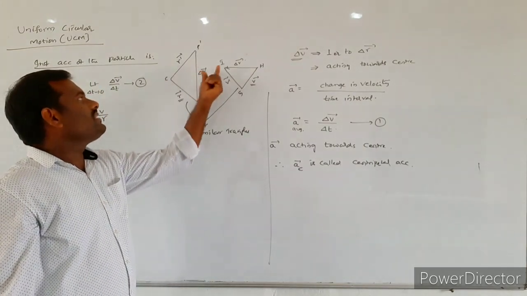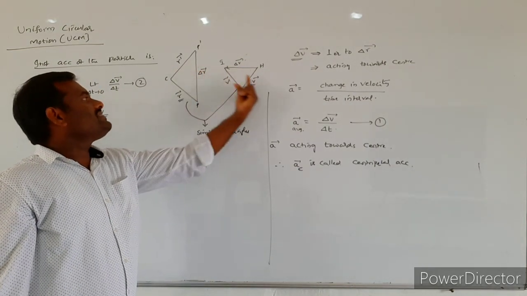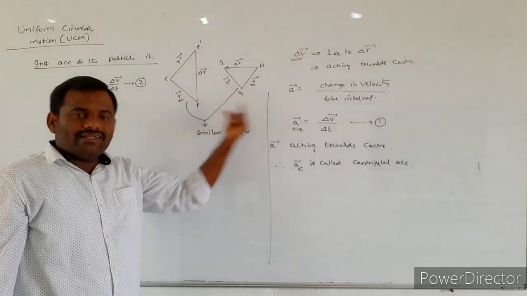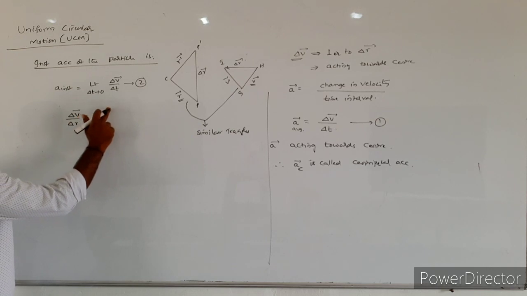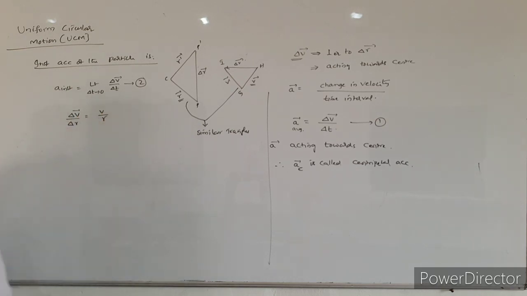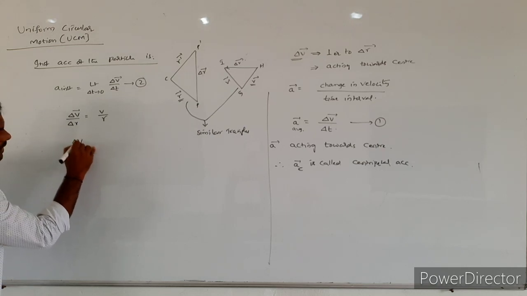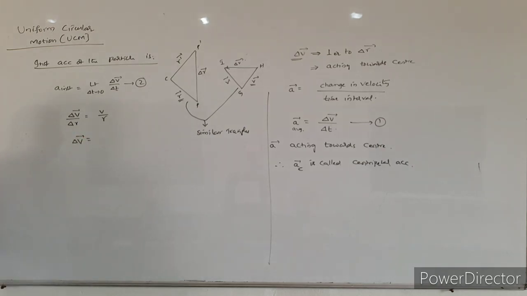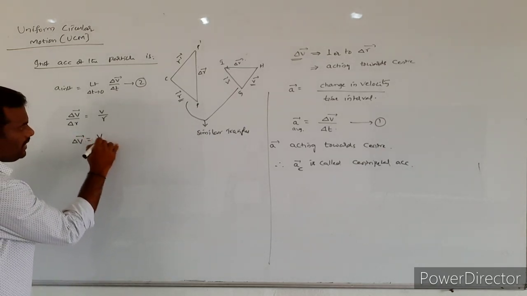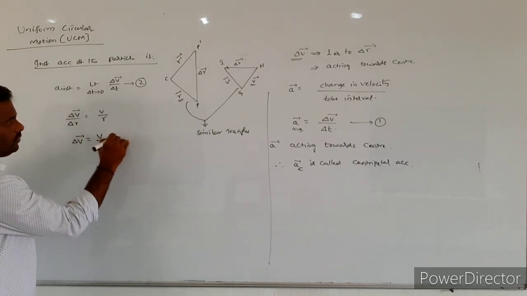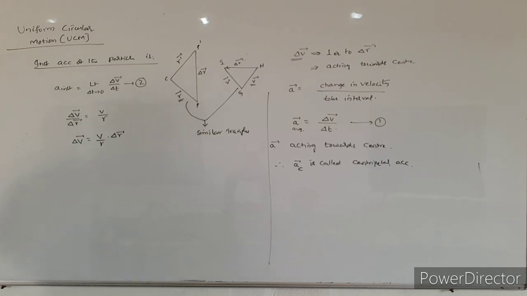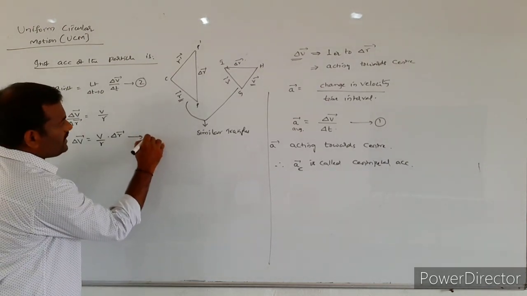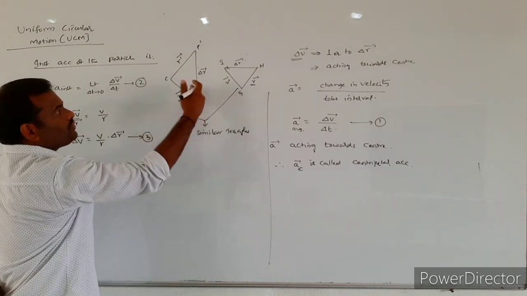Side by side, delta V by delta R is equal to V by R. So delta V bar is equal to V by R into delta R, which is taken from these two similar triangles.